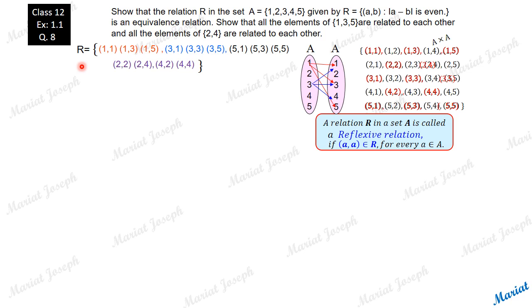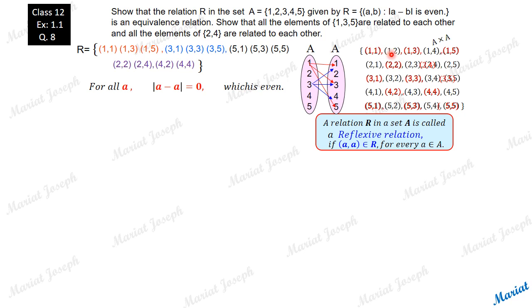Now, let us check whether it is a reflexive relation. To call it a reflexive relation, every element of the form (a, a) should belong to R. Let's see, did we pick up (1, 1), (2, 2), (3, 3), (4, 4), (5, 5)?